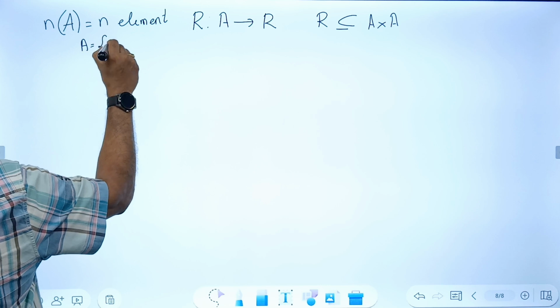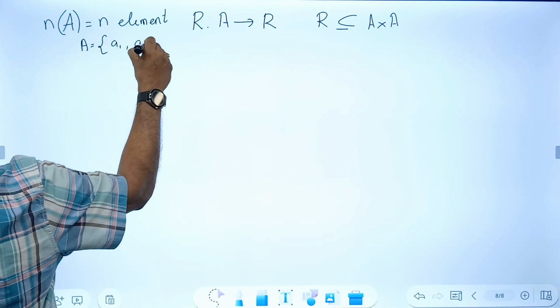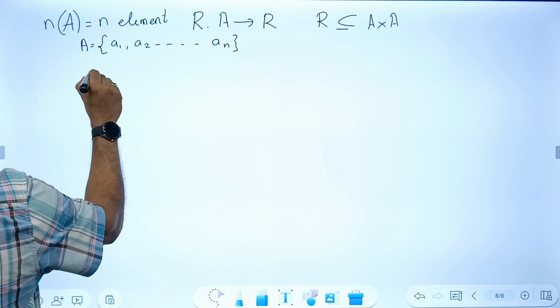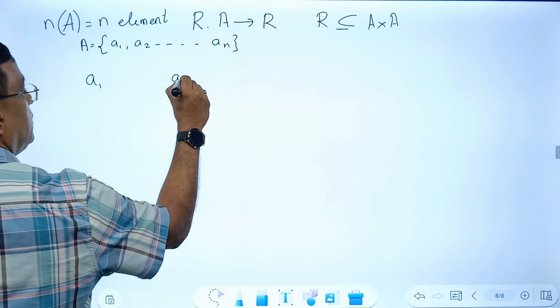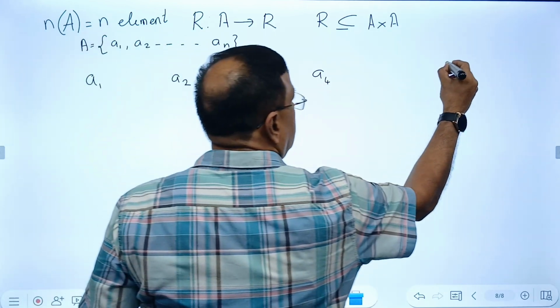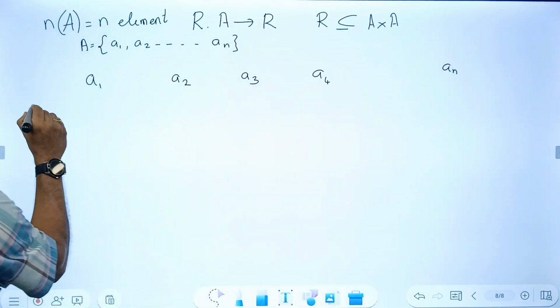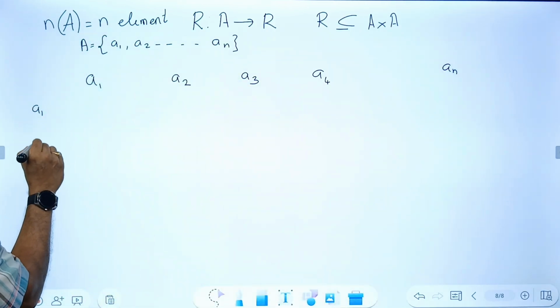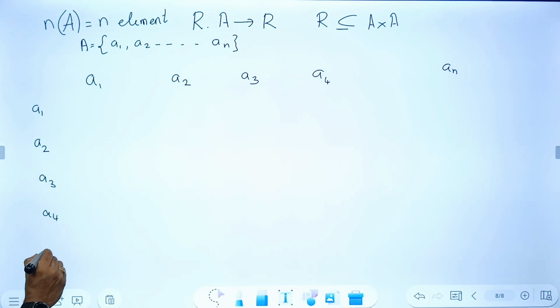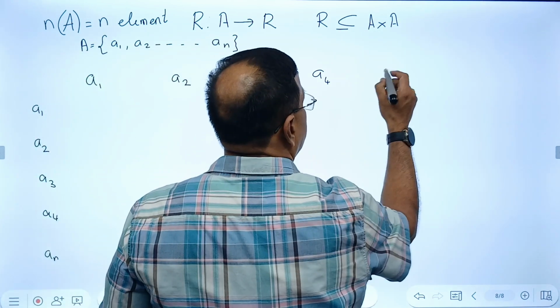A has elements A1, A2 up to An. Let me write that: A1, A2, A3, A4 up to An, and here you have A1, A2, A3, A4 up to An.